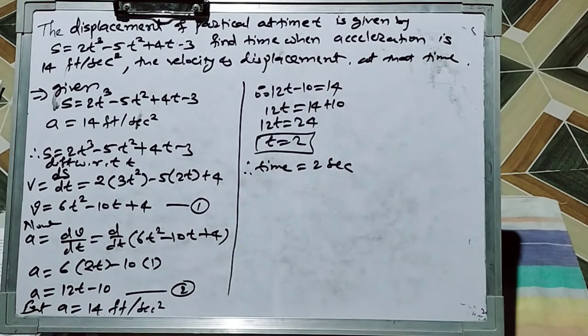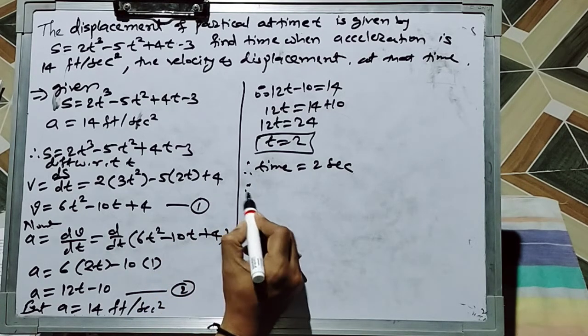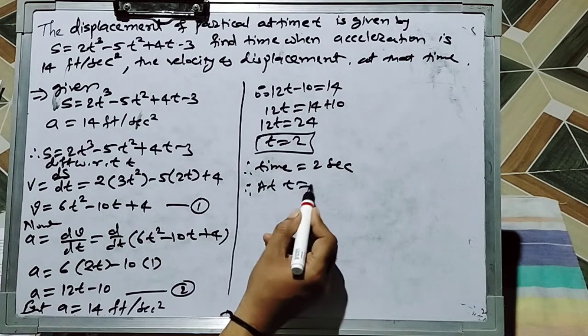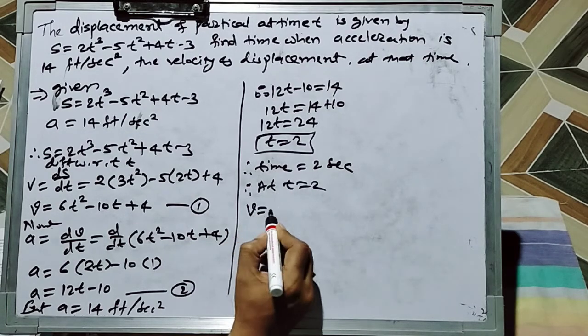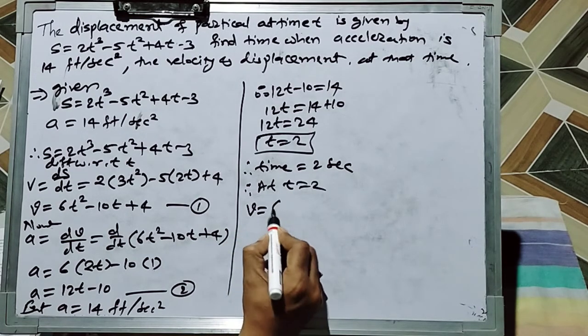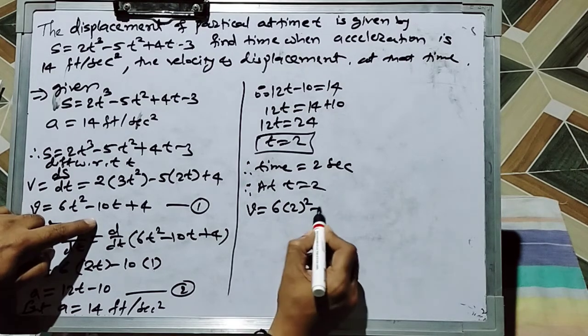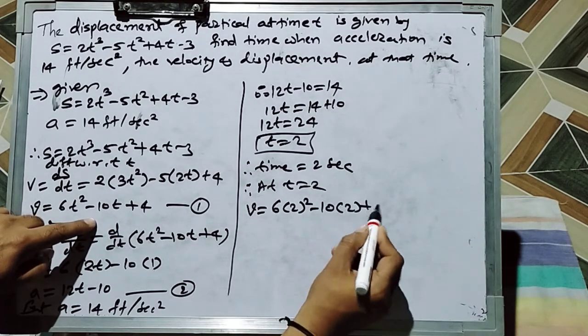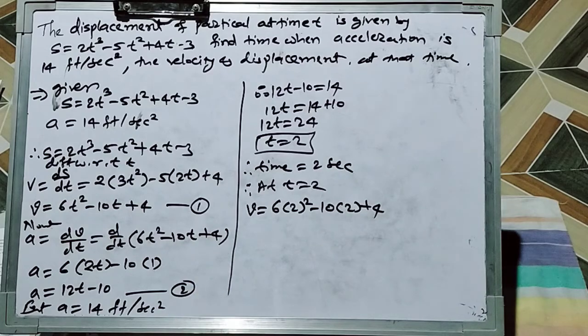Now we have to find velocity and displacement at time t equals 2 seconds. So at t equals 2, velocity equals 6 into 2 squared minus 10 into 2 plus 4. We put the value t equals 2 in equation 1.